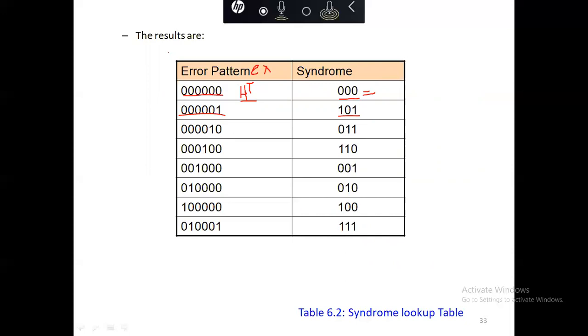Now, when you receive a vector, you multiply the received vector and calculate the syndrome. You also know that the received vector, when multiplied by H transpose, will give you the same syndrome.